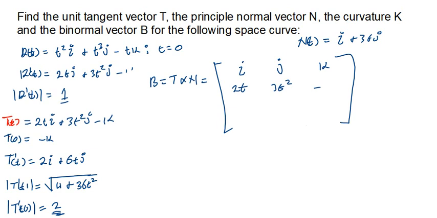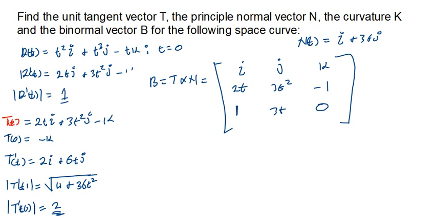The k component that we have is a negative 1. Then the i component of N is 1 itself. Then we have 3t, then we have 0 there.